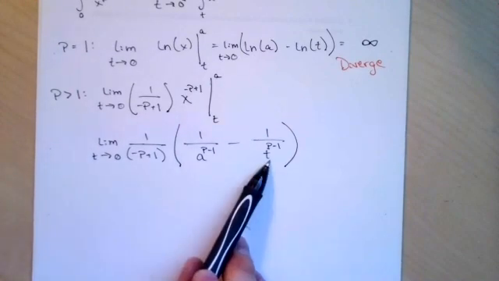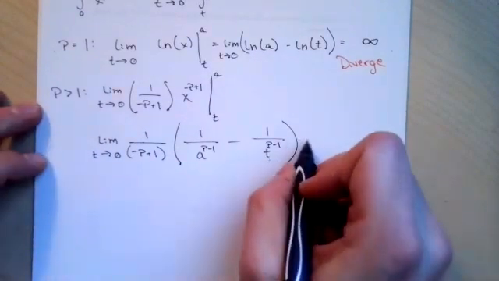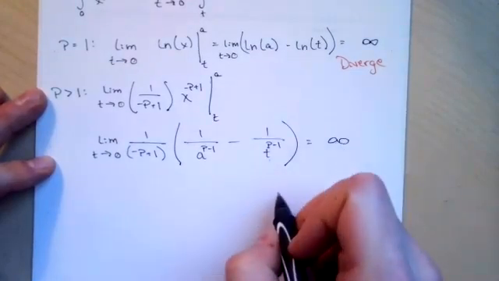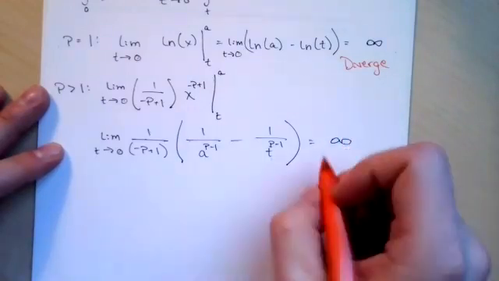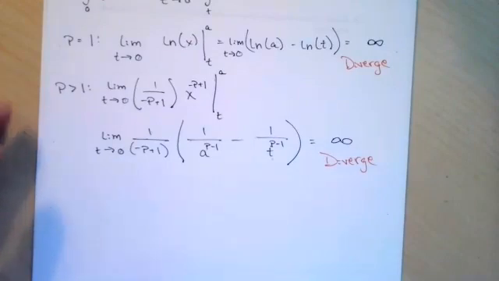And now what's going to happen if I plug in a 0 for t? 1 over 0 gives us infinity. So it diverges.